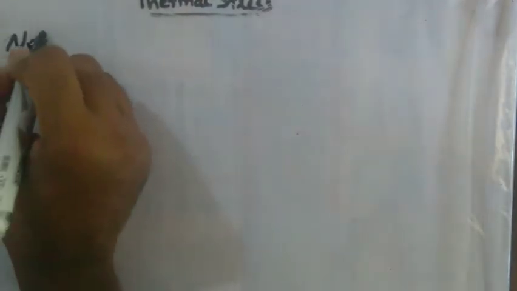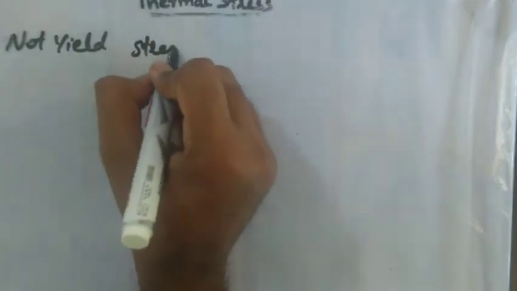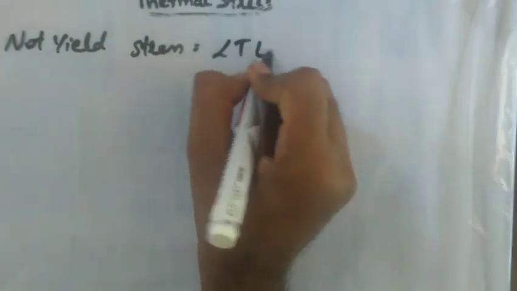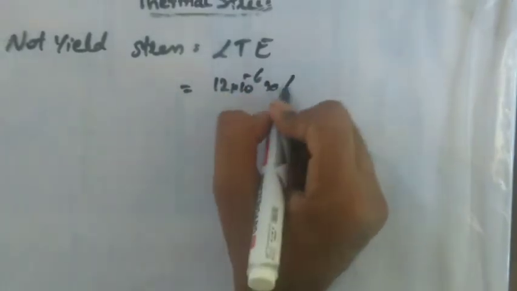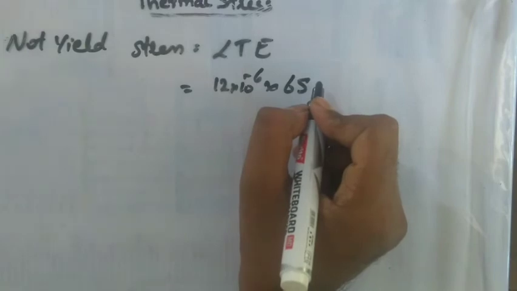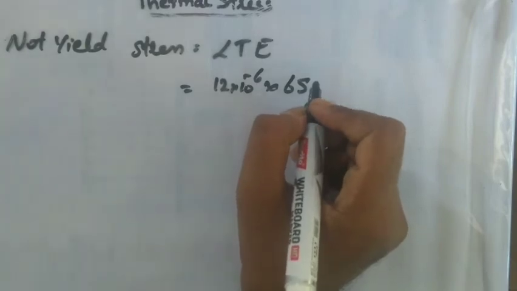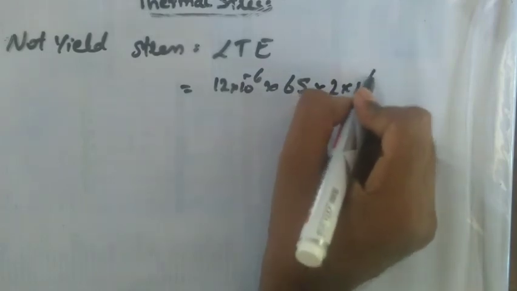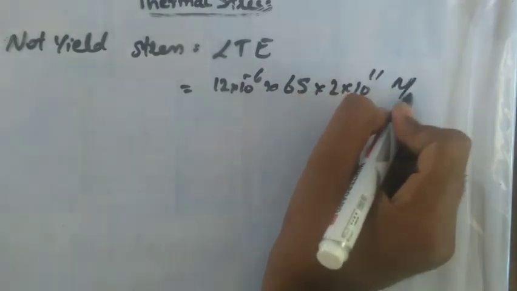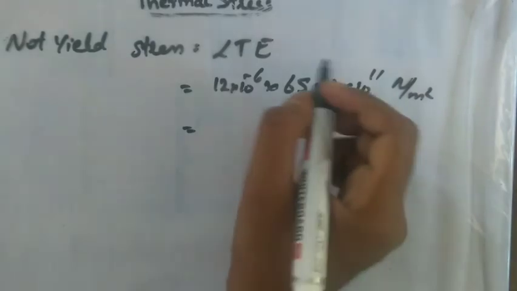Condition 1, the no-yield condition. Stress is equal to alpha T E, which is 12 into 10 to the power minus 6, times the temperature 65 degrees centigrade. No need to make it Kelvin. E is 2 into 10 to the power 11 Newton per meter square, since mega is 10 to the power 6.